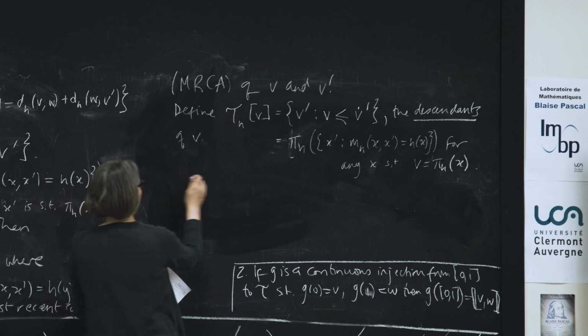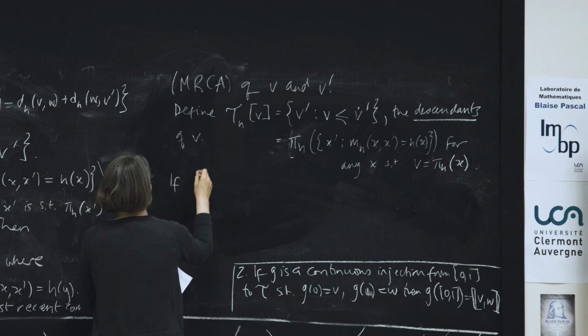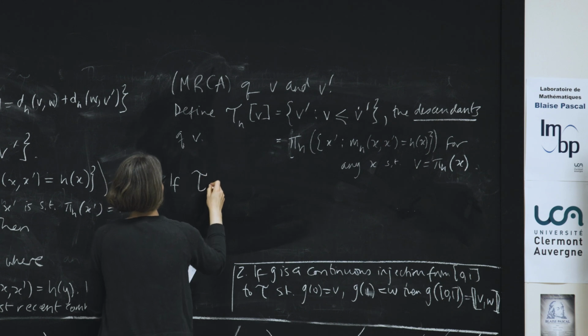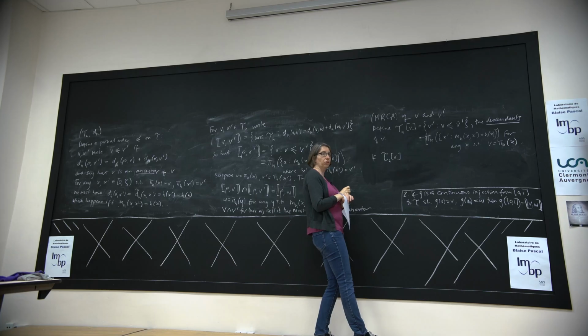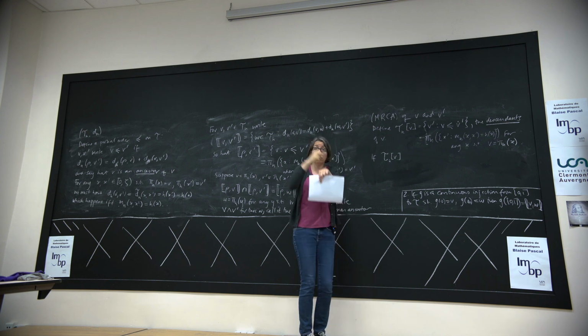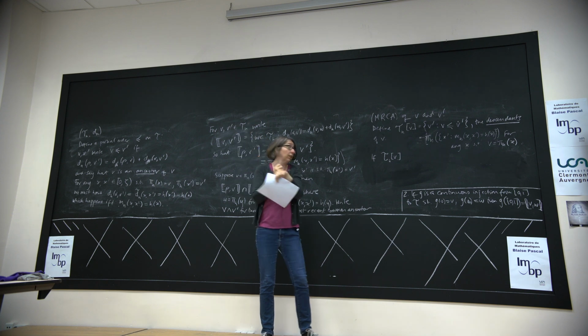So let's just think about the properties of this set here for a moment. If it's the case that this thing is not just the singleton v, so it's possible that we're at a leaf, in which case there are no descendants of my vertex v.